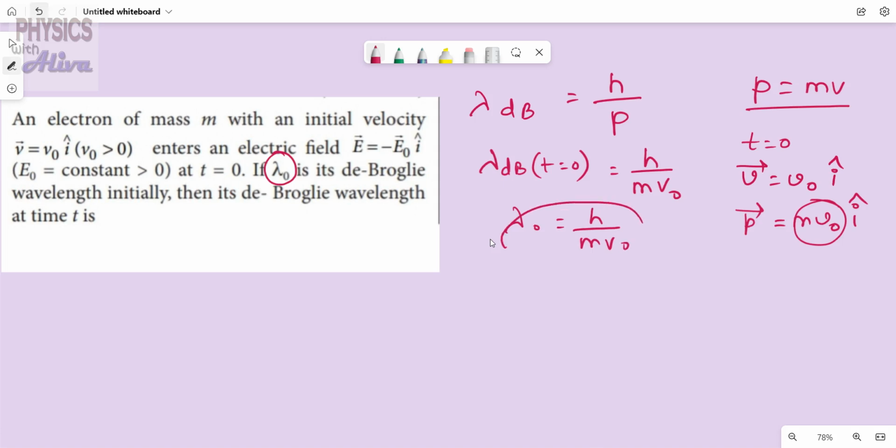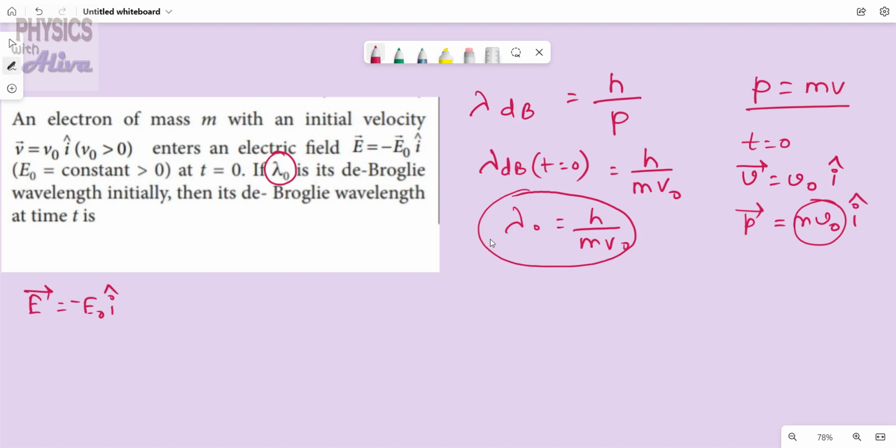Okay, this is given. Now it is said the electron enters an electric field, where the value of the electric field E vector is minus E naught i cap. At first we have to understand the definition of the electric field. The electric field means the force experienced by the unit charge.